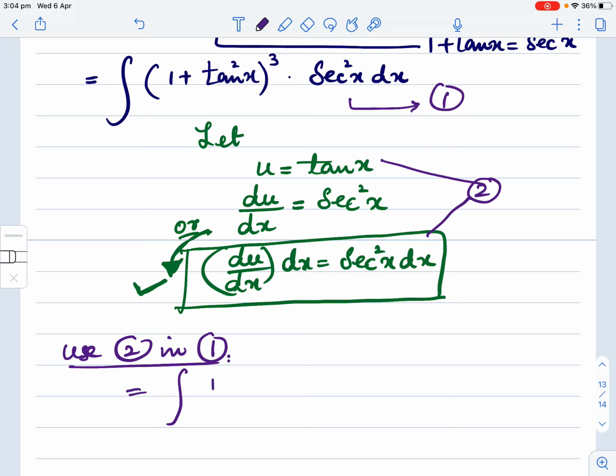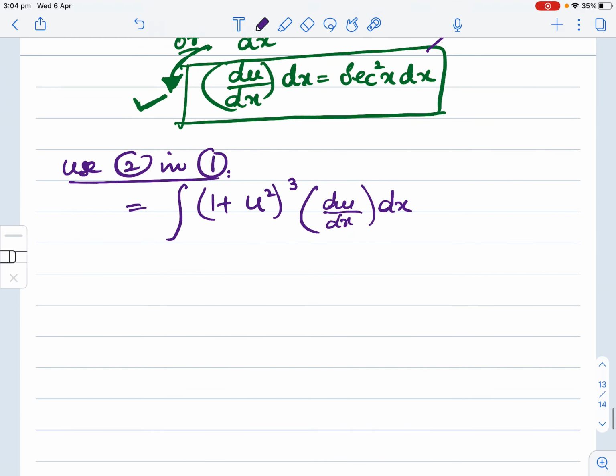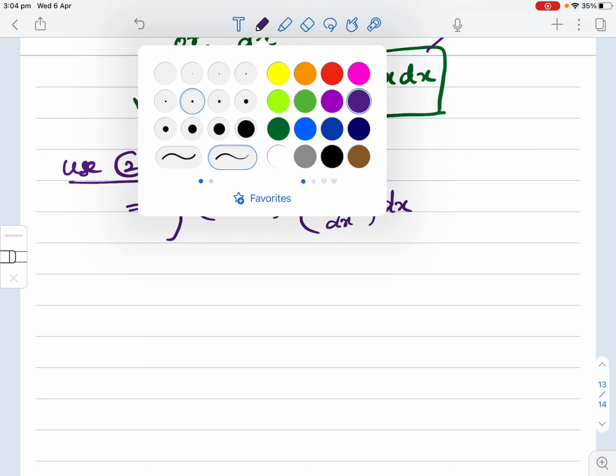integral (1 plus u^2)^3 and sec^2 x is du by dx into dx. Now how to solve it?